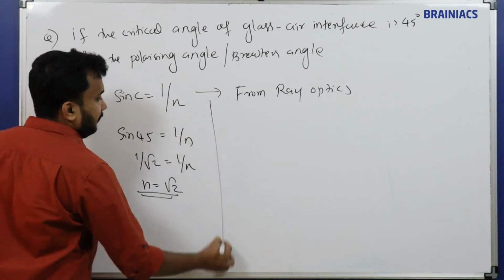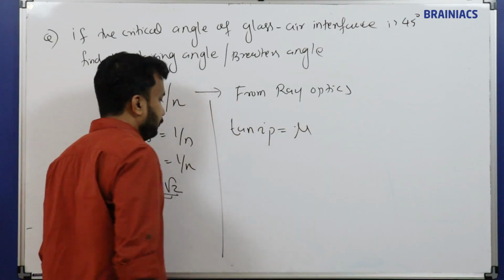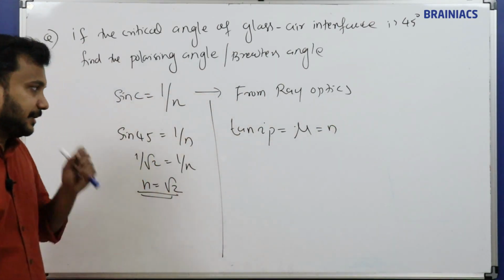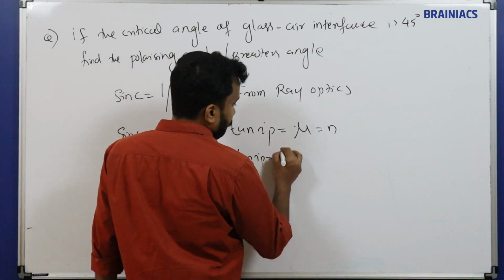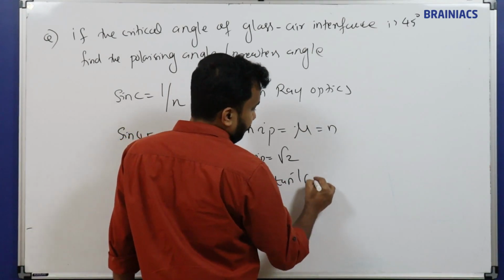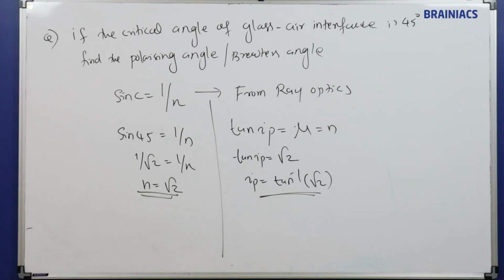Next, I want to find the polarizing angle, which will be equal to mu, the refractive index, which is n. So tan IP is equal to root 2. IP is equal to tan inverse of root 2.